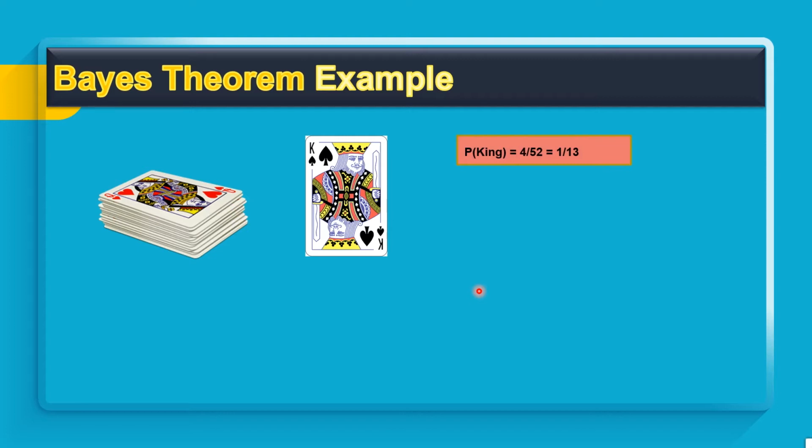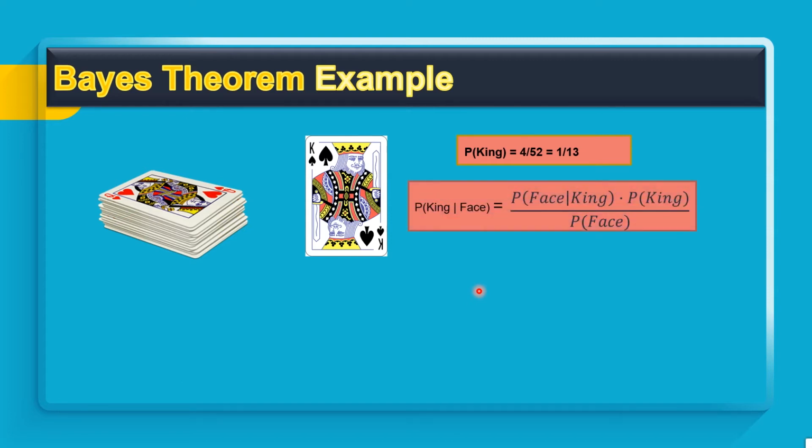Now if king is an event, this card is a king, the probability of king is given as 4 by 52, that is equal to 1 by 13. Now if evidence is provided, for instance someone looks at the card and says that the single card is a face card, the probability of king given that it's a face card can be calculated using the Bayes theorem by this formula.